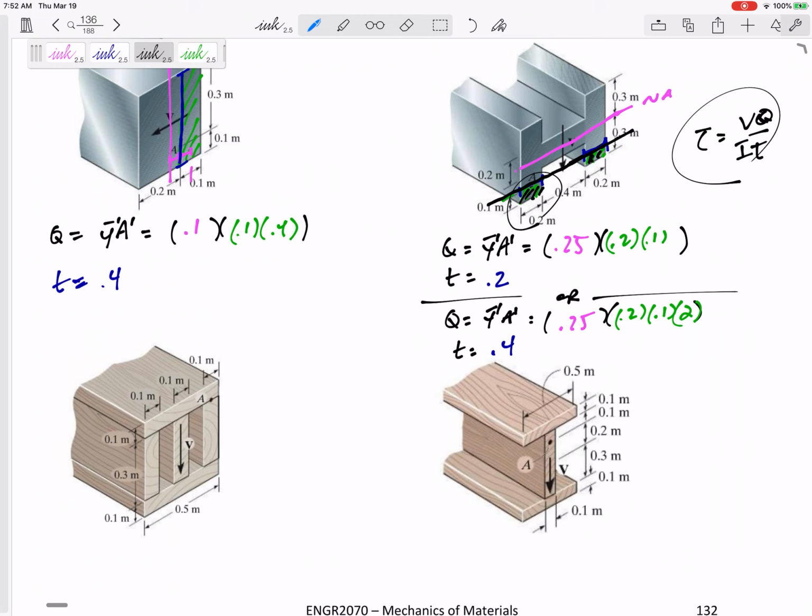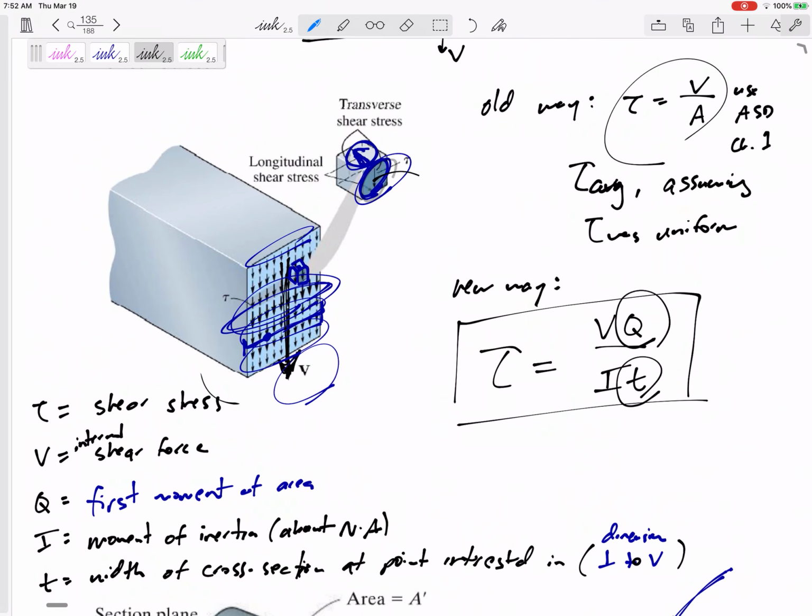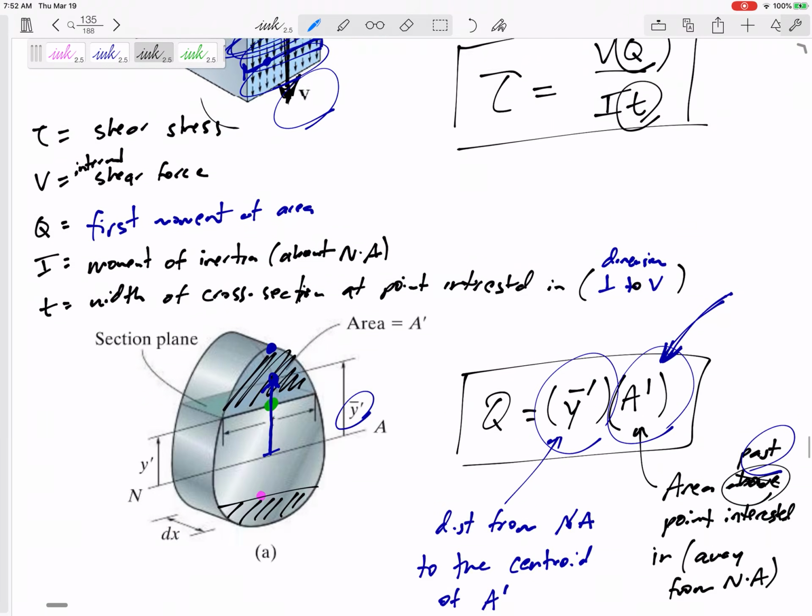A lot of times it's important to find the stress right here, where this is being glued together, nailed together. Finding shear stress right here might be important, especially because the shear stress on this face is also the shear stress on the longitudinal, where that top board meets those middle boards.